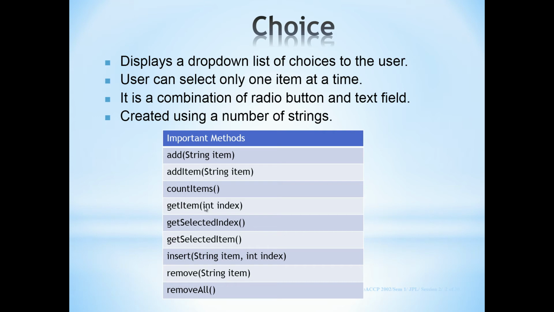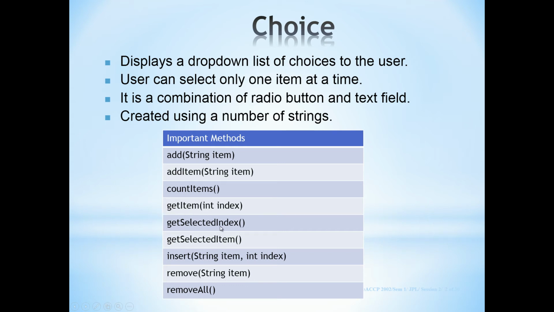Therefore you can add, insert, delete, copy, all the things that we did with array we can also use with items of choice box. Here is the get item method. If you know the exact index of your item, then you can specify the index, and then get item method returns the string.